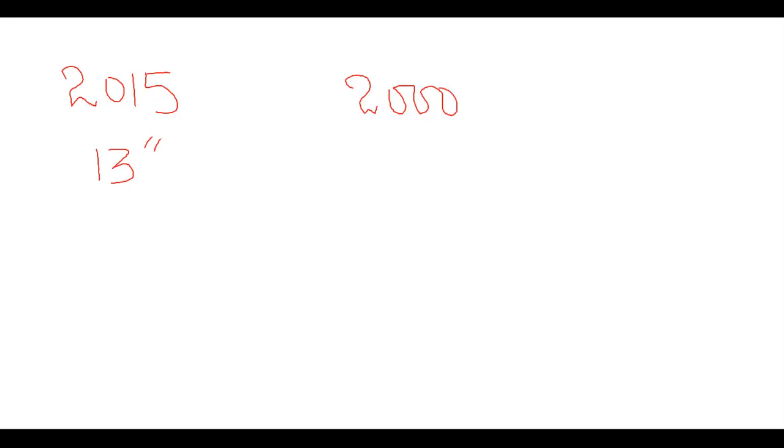Let's suppose the rainfall in that year was X inches. So 13 less means X minus 13. Am I right? Are you getting this? Why I'm putting this? X minus 13.